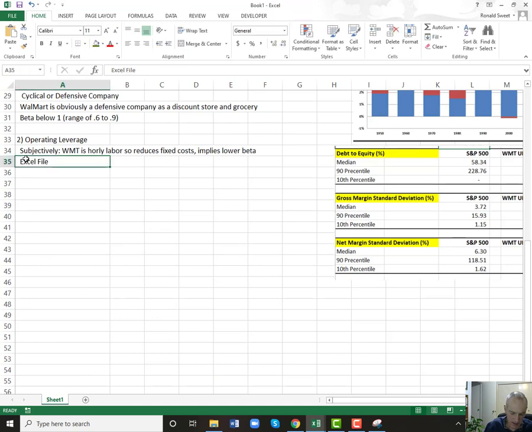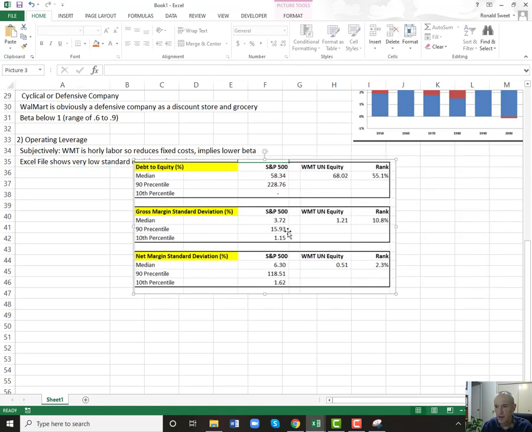What we can say, the Excel file shows very low standard deviation of margins. So what is that telling us? You can see the standard deviation. This is a standard deviation of their margins. This is not their margins. I count off a lot of points if you say Walmart's gross margin is 1.21 or their net margin is 0.51. That's absolutely not true.